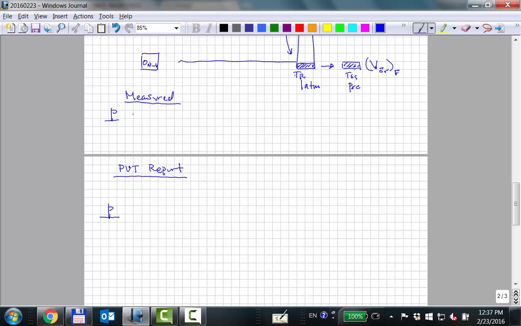Pressure, oil volume, gas volume removed, moles of gas removed. We could put a delta in front of it, I suppose, to mean that it's being removed.